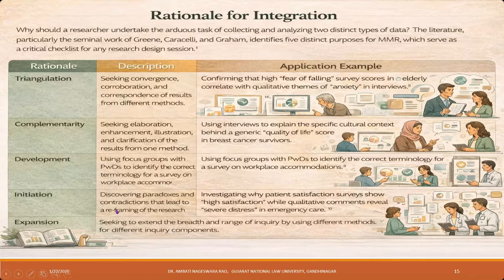Initiation: discovering paradoxes and contradictions that lead to reframing the research. For example, investigating why a patient satisfaction survey shows high satisfaction. Let's take for example, I'm collecting data from faculty members to understand what motivational factors influence them to continue in their respective universities, even after 5 years, 10 years.